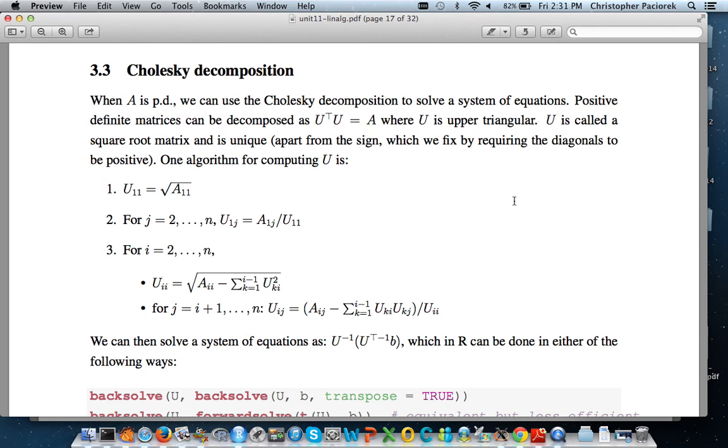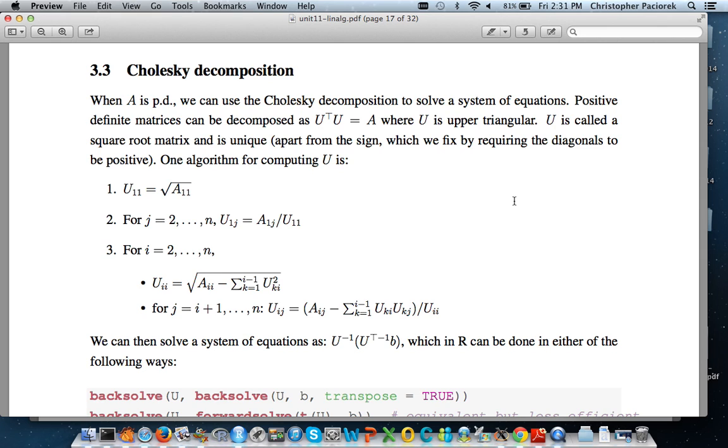Okay, so now it just basically gets a little bit more tedious and we have more bookkeeping, but it's just doing out the arithmetic. So if I now want to find U22, that's going to be U12 squared plus U22 squared equals A22. And therefore U22, which is the next one we're trying to find, is the square root of A22 minus U12 squared.